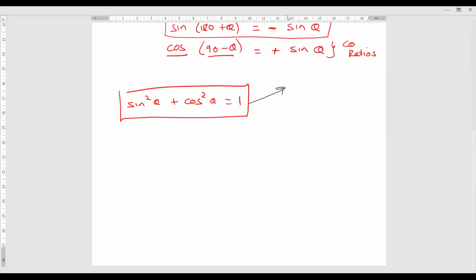If we make sine squared the subject of the formula, sine squared theta is equal to 1 minus cos squared theta. That means we took the cos to the other side, it becomes negative. And if we make cos squared theta the subject of the formula, we get 1 minus sine squared theta. So we have one formula, but now broken down into 3 parts.